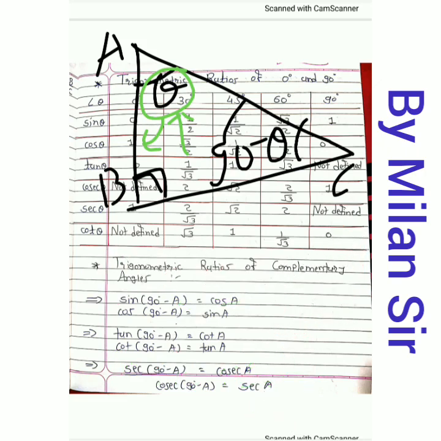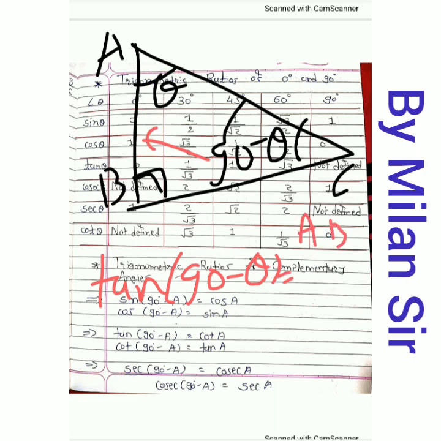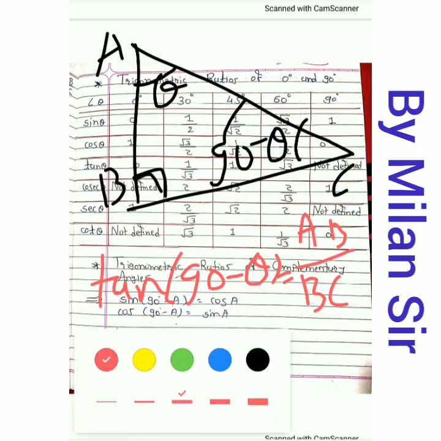Same thing you can prove for tan and cot. tan(90 minus theta). Right now my 90 minus theta is the reference angle. That means opposite side AB upon adjacent BC. And then find the formula for cot theta. Cot theta means here theta is there. So the reference angle is changed.